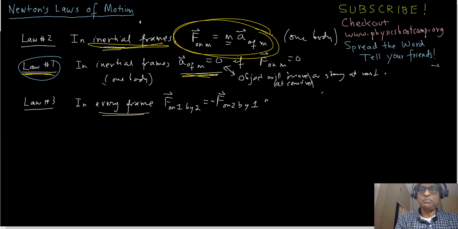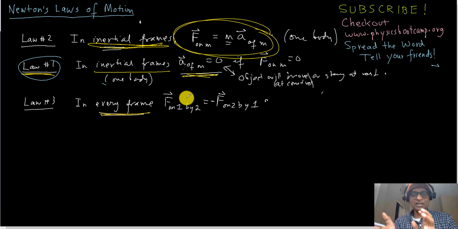That derivation was limited, and it removed all the frame dependent ideas, and what we obtained were relationships between things which are frame independent. So this is true in every frame.